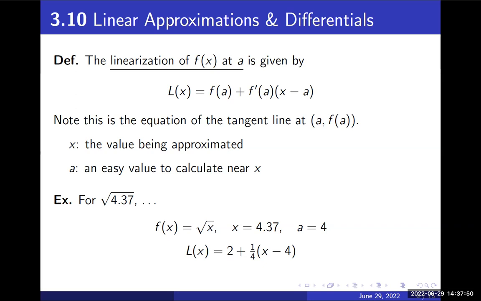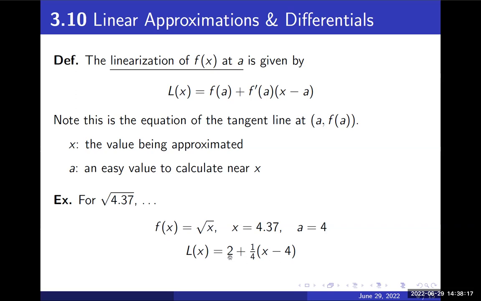A is an easy value that's near to x. So we said, 4.37, and we're using a square root. The easy value near this x would be 4. I can easily take the square root of 4, and that's pretty close to x. And then our L of x, we didn't call it that in the last example, but it was the equation of the tangent line.